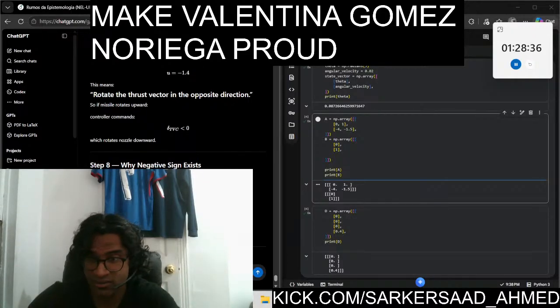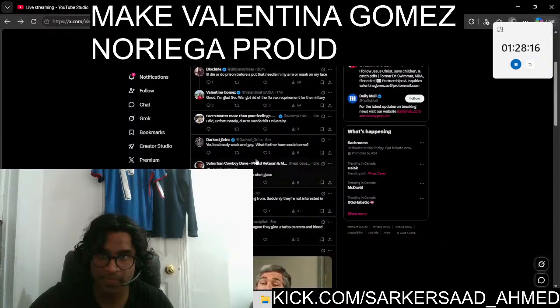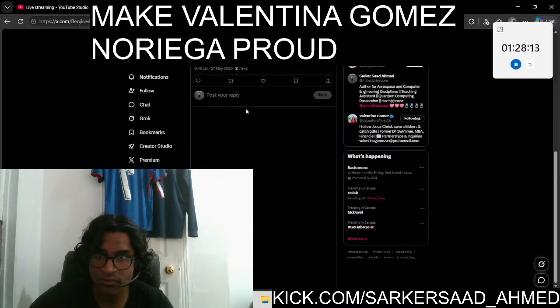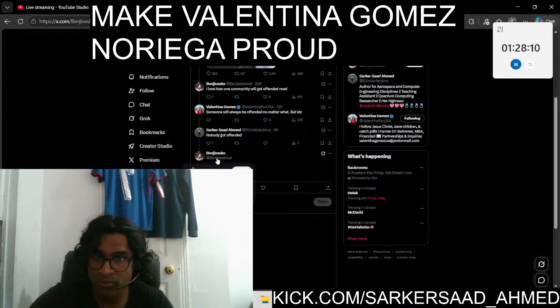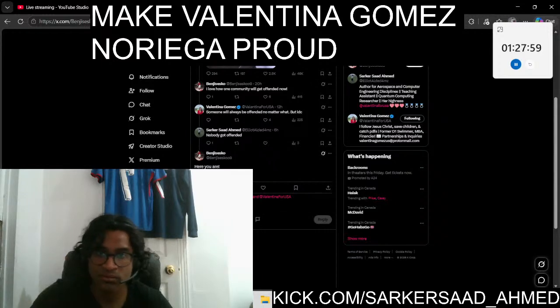Okay, step 5, 6, and 7. Can you explain again? What role does the matrix K play and what role does X, the state vector, play?